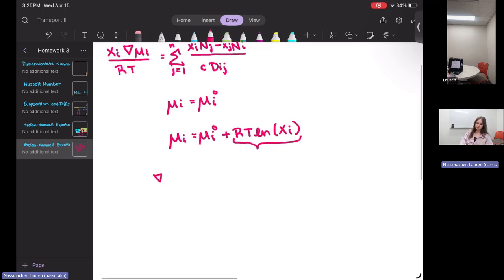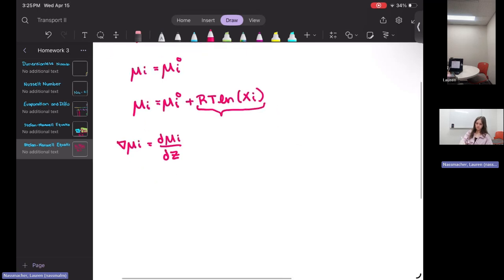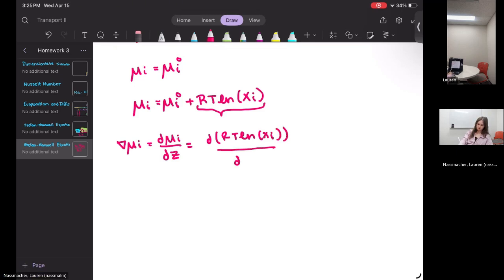Now we want to find the gradient of our chemical potential, and it's going to be the derivative of, with respect to z, the distance we're going. So let's plug in our chemical potential, RT natural log xi over dz.